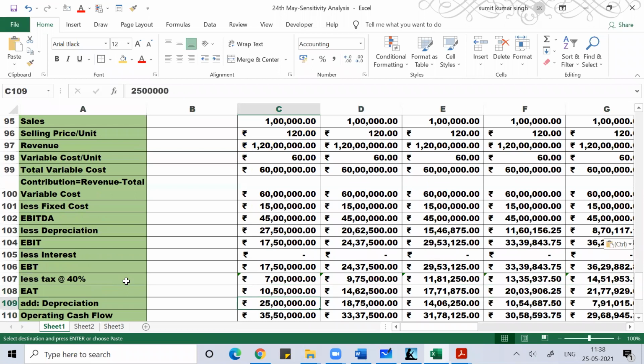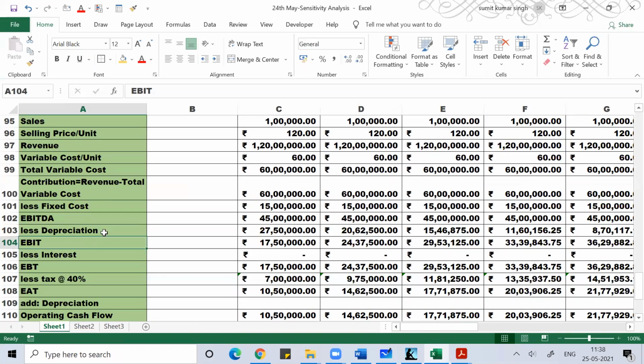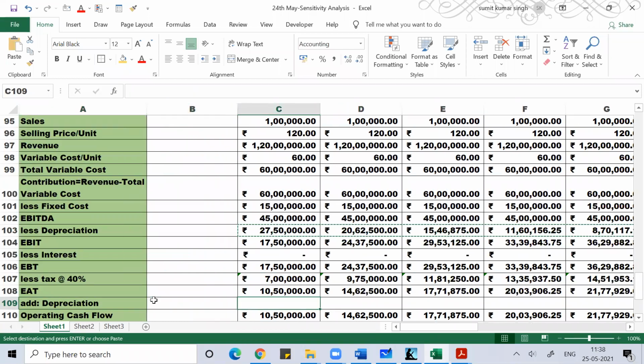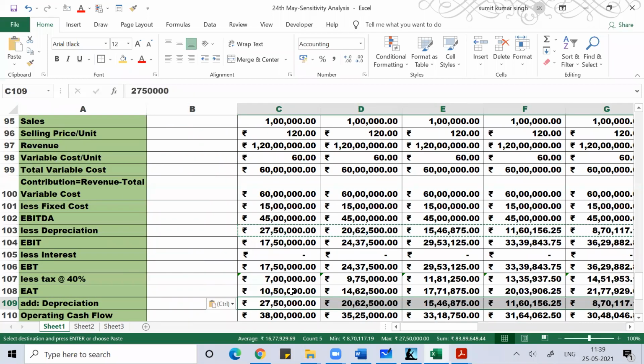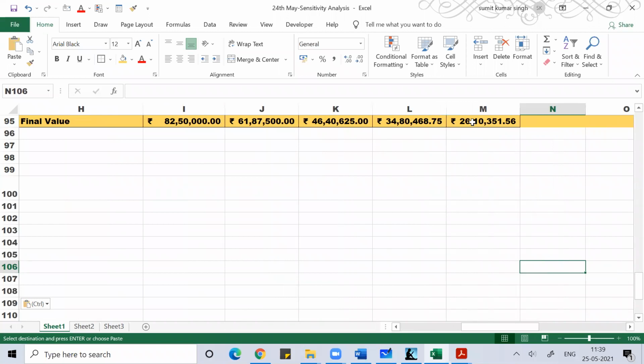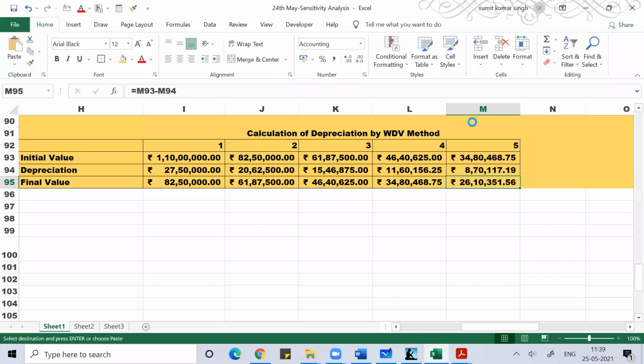Then when you add the depreciation, the depreciation value will change. And when the depreciation value changes, the salvage value will change. This is the salvage value, and it will also change.